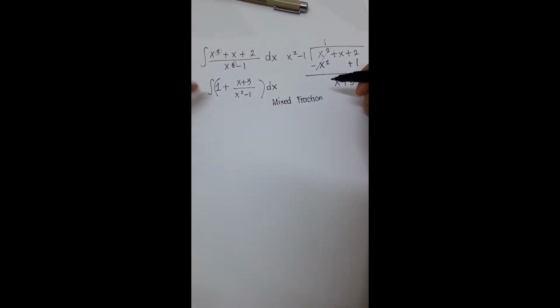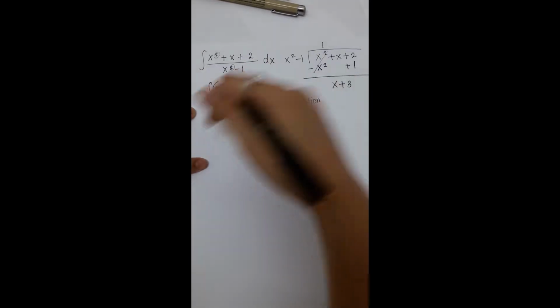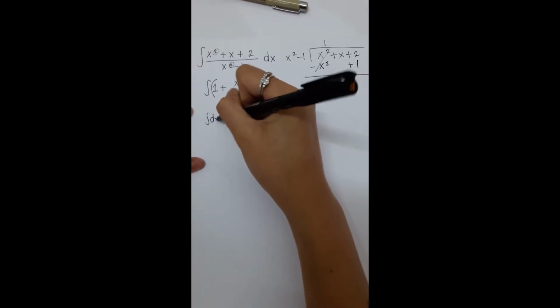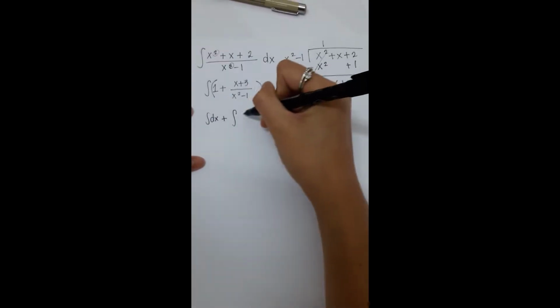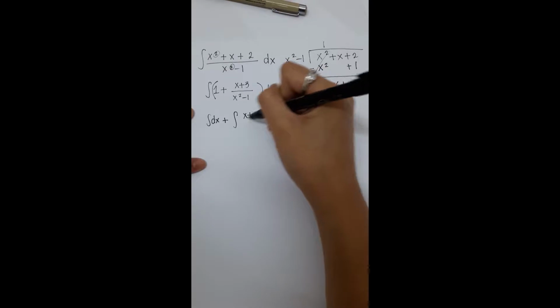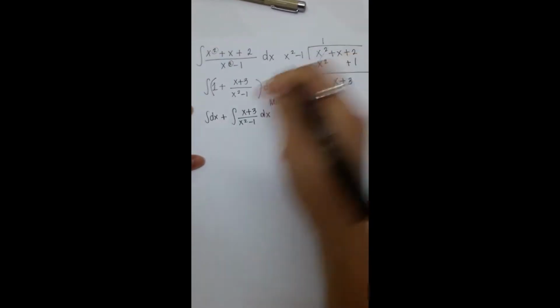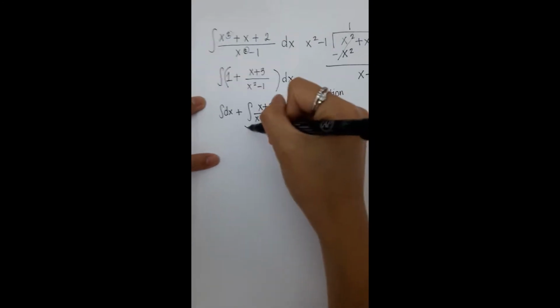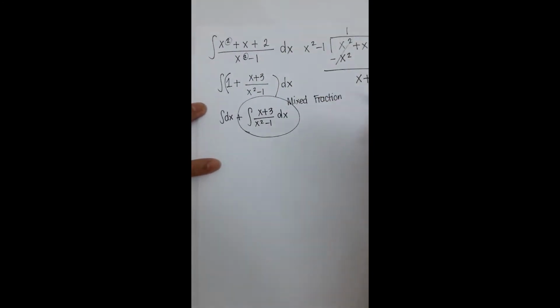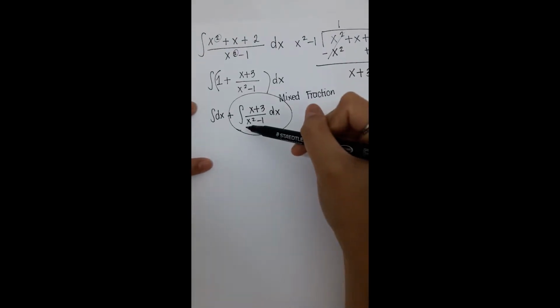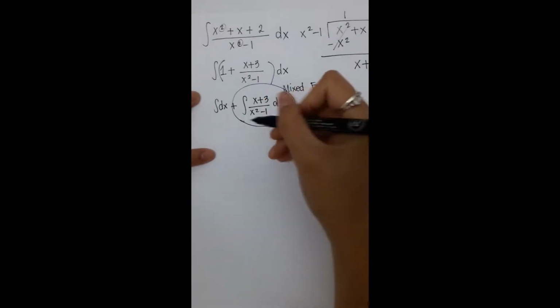If this will be your final form of the fraction, you can now partial fraction it. So that will be the integration of dx plus the integration of x plus 3 all over x squared minus 1 dx. Now, focusing on this expression, we will get the factors of the denominator.